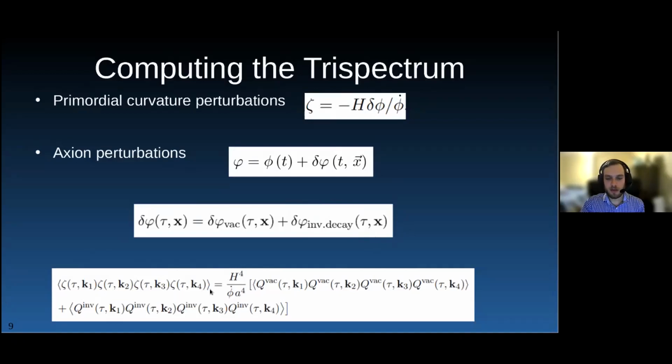It can be written in terms of Q-vac, which are just the Fourier modes of these vacuum perturbations in the inflaton field, and Q-inverse, which are the Fourier modes of the inverse decay perturbations in our axion field. And these inverse decay perturbations are really the source of our parity violation, as they are produced by the interaction between the axion and the gauge field.